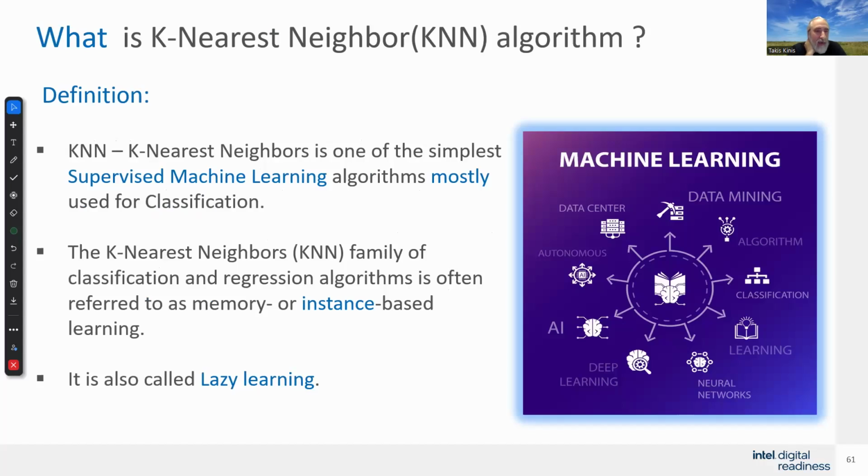They call it here probably one of the simplest supervised machine learning algorithms. It's mostly used for classification, right? That's an orange, that's a banana, right? That type of thing. Think of it as like they're calling it here memory or instance-based learning. Like, how do I know that that's a banana and that's an orange?